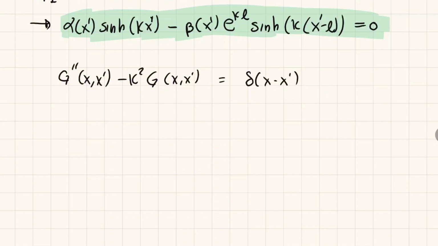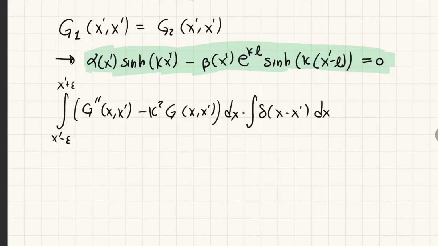So we can see this as the integral from x prime minus epsilon to x prime plus epsilon, and this is an integral in dx, of course. And here we have the integral from x prime minus epsilon to x prime plus epsilon of the Dirac delta.